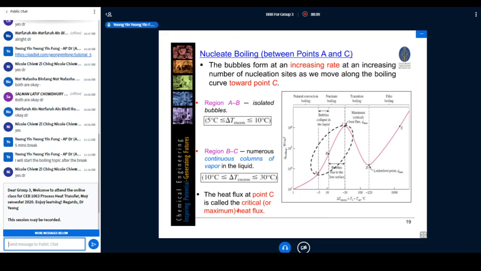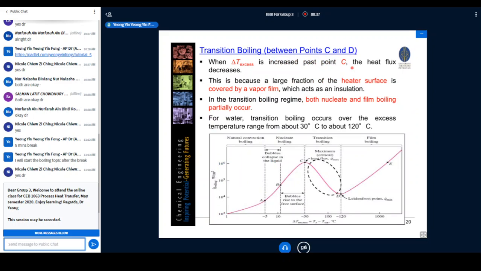Transition boiling: when delta T excess is increased past point C, the heat flux decreases. This is because a large fraction of the heated surface is covered by a vapor film, which acts as an insulator. This explains why it is decreasing.